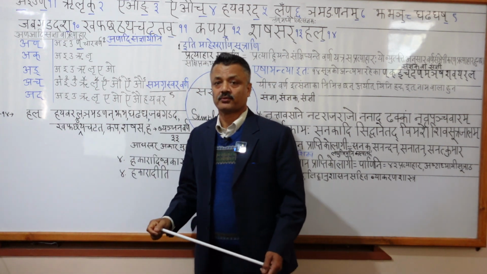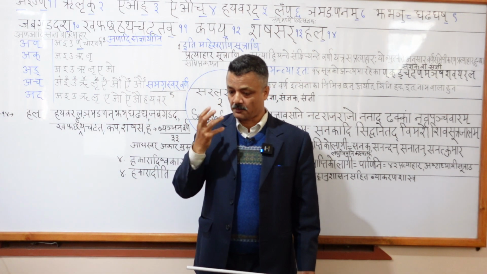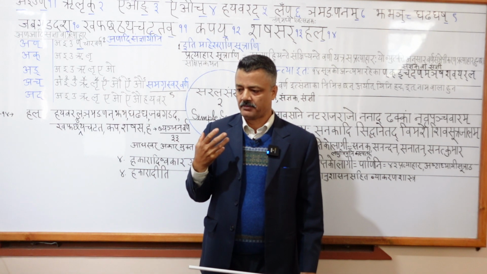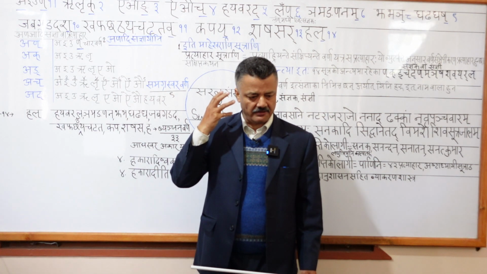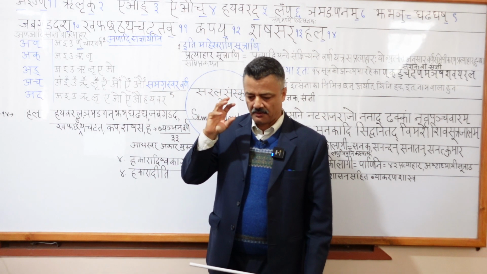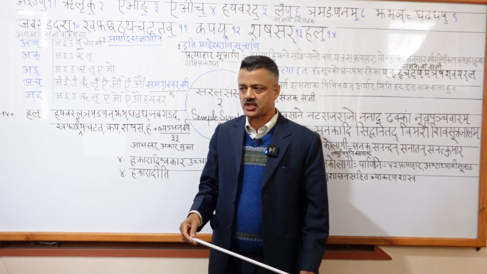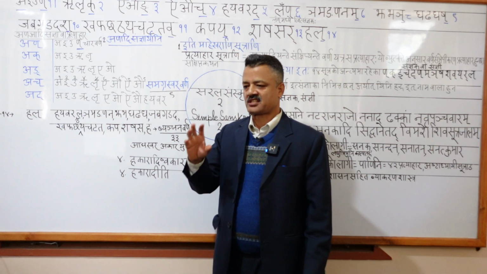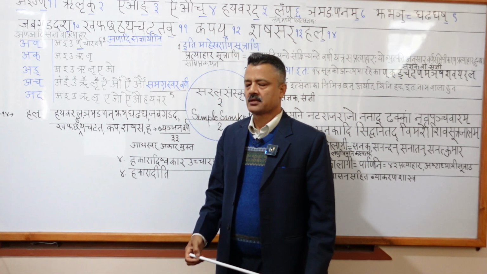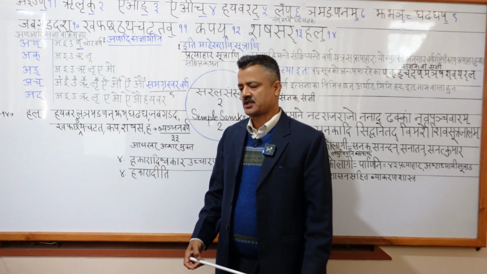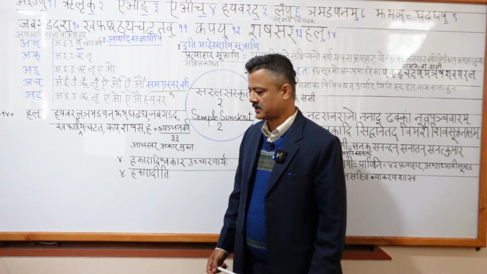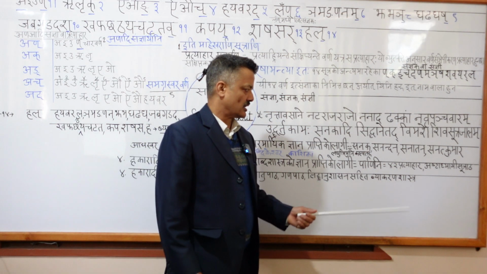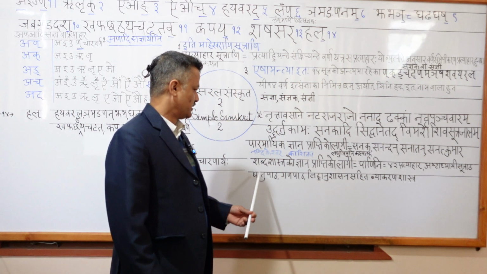These are the 14 groups of alphabets, or let's say letters, which are believed to have been produced from the sound of an instrument that, according to mythological stories, Lord Shiva played during his cosmic dance as he appeared in front of the sages Sanak, Sanandan, Sanatan, Sanatkumar and Panini Muni.